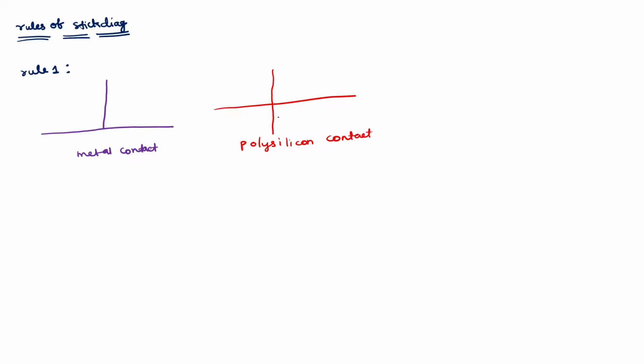Let me write this as rule number 2. If we are taking sticks of different colors, there will be no electrical contact between them, but we can explicitly mention that.